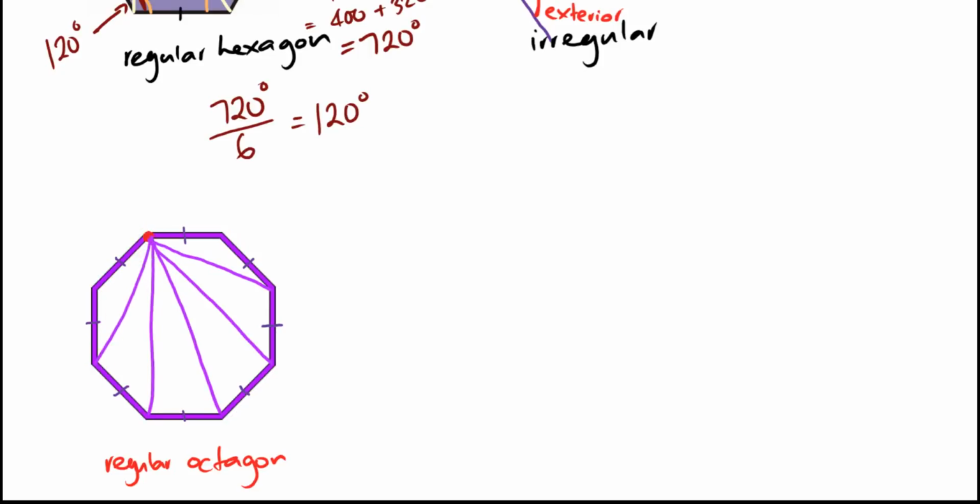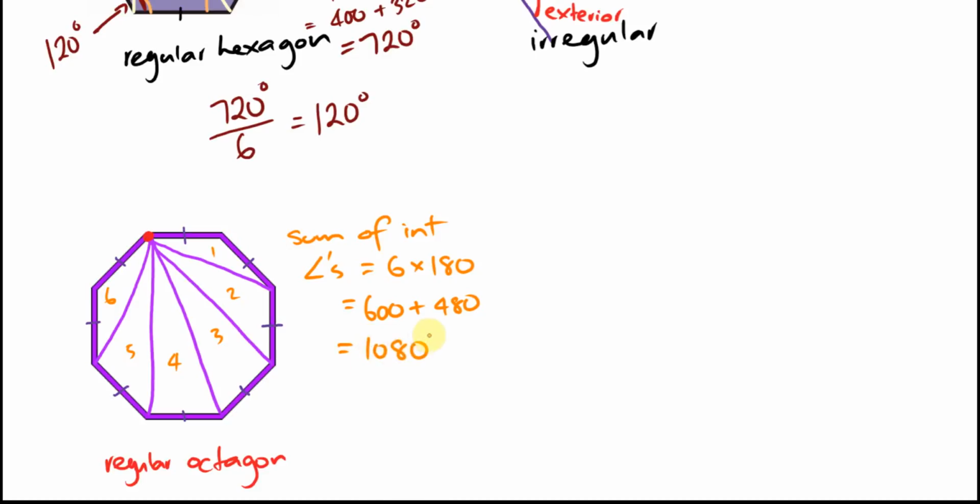So 5 diagonals, and I end up with 1, 2, 3, 4, 5, 6 interior triangles. So the sum of interior angles is equal to 6 times 180. So that gives me 600 plus 480, which is 1080 degrees. So if you add up all these interior angles here, you will get 1080 degrees.